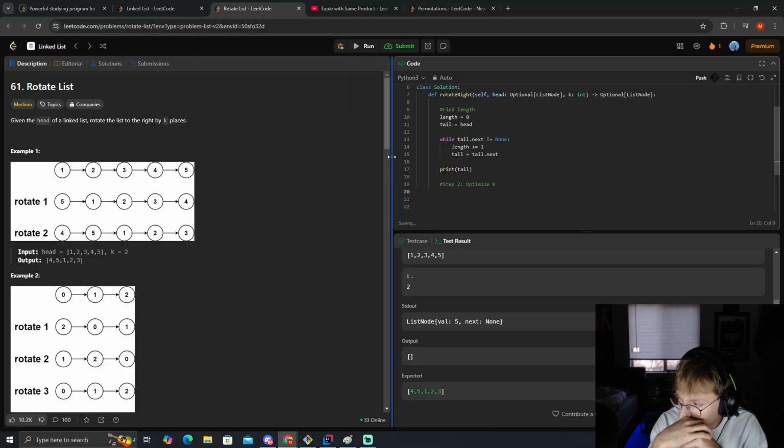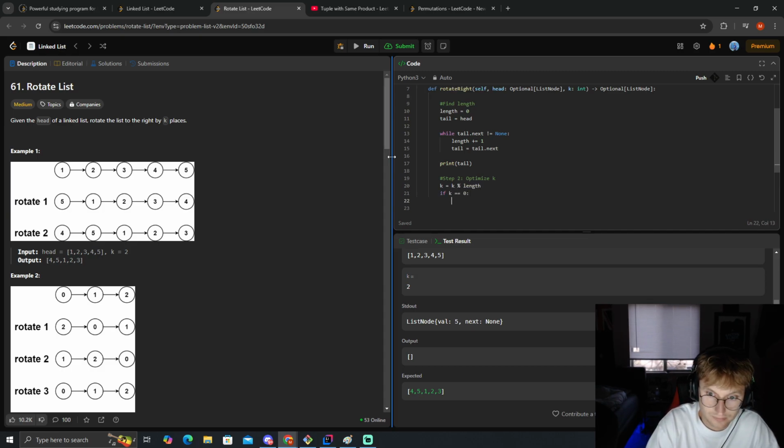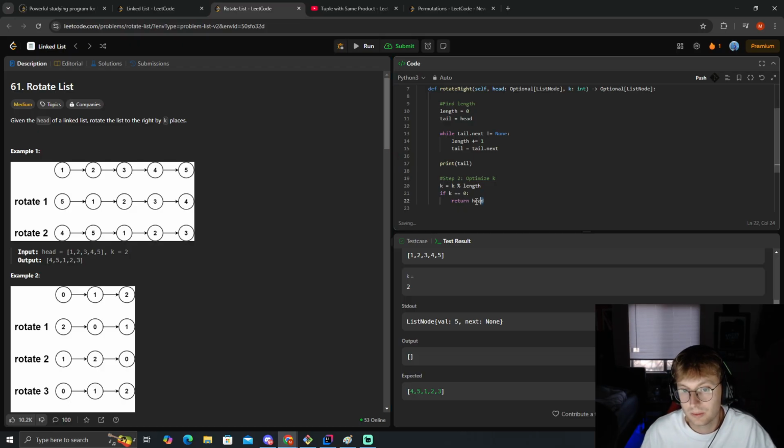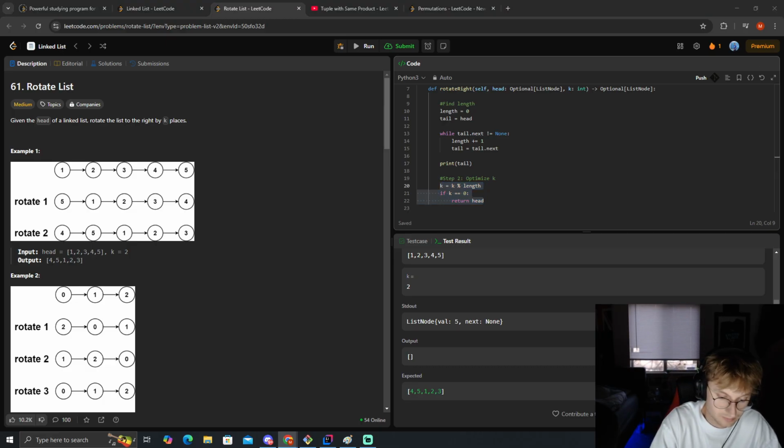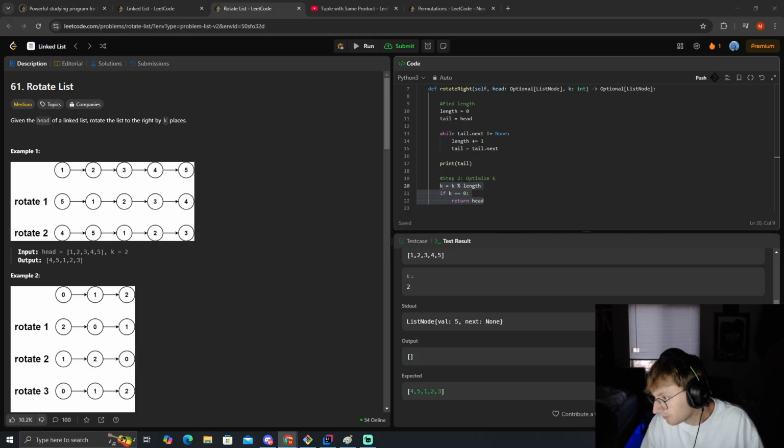K is equal to K mod length. If K is equal to 0, it's the head, no rotation needed. Why are we checking this though? I'm not sure. I don't get this.